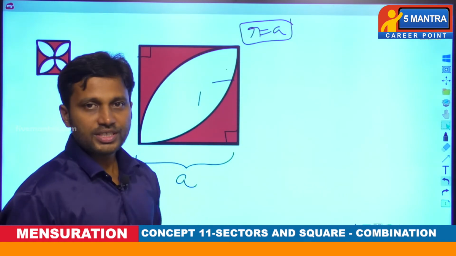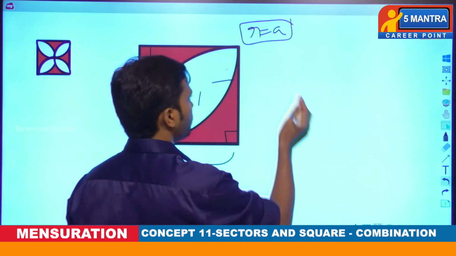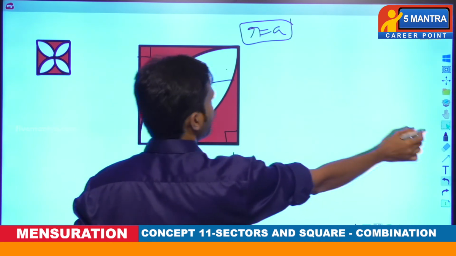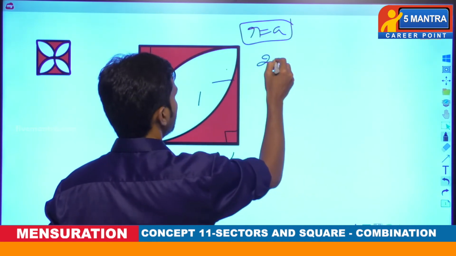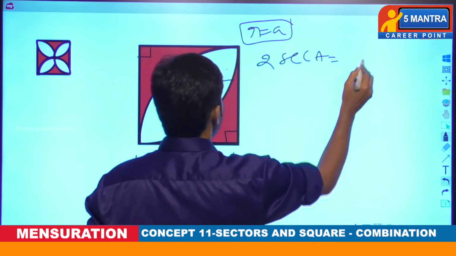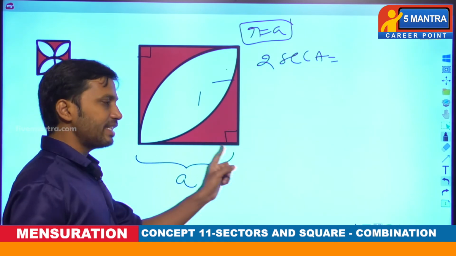So we are doing the conventional method now to get the shortcut. Now let us see what is the sum of the sector areas. How many sectors, boss? Two, or not? Two sector areas. Each sector area would be how much? Angle is 90 and radius equal to side.